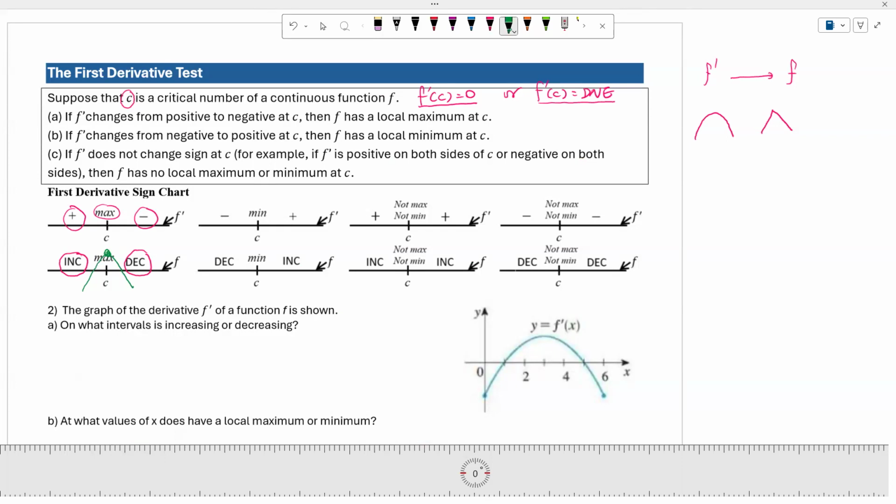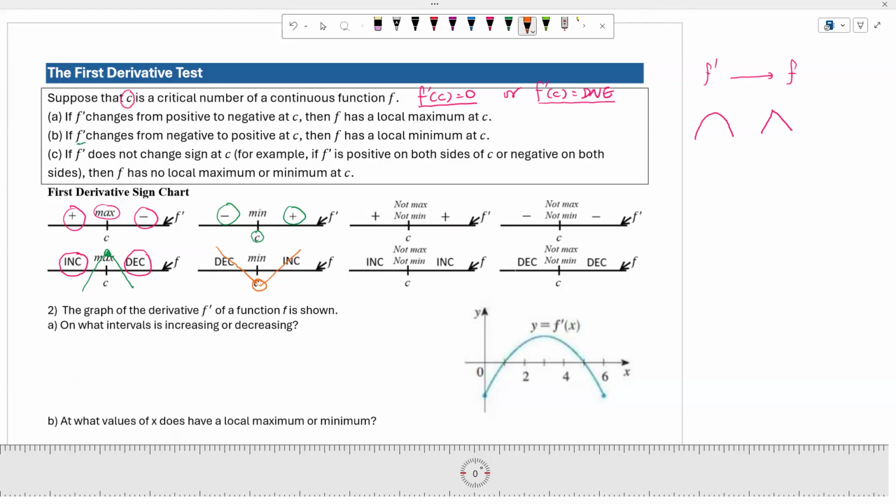If f prime changes from negative to positive at x equals c, then you have a local minimum, because the function is decreasing in this interval and then f prime becomes positive at c.